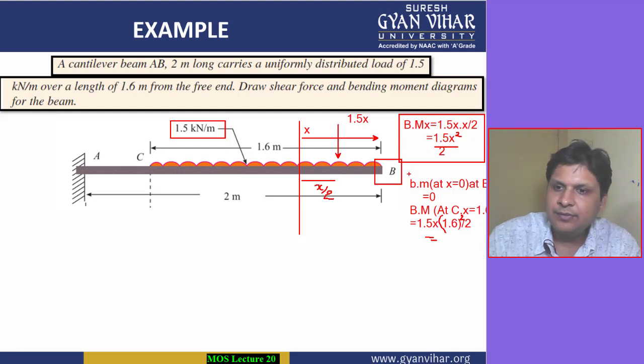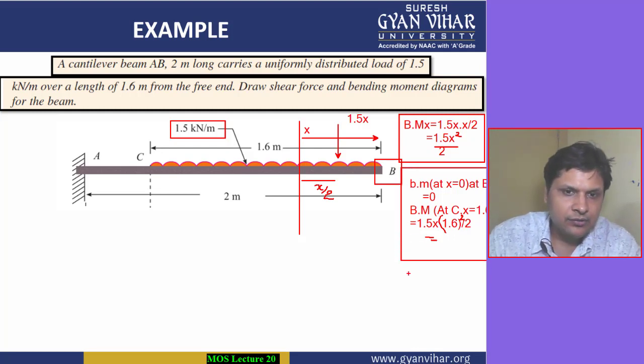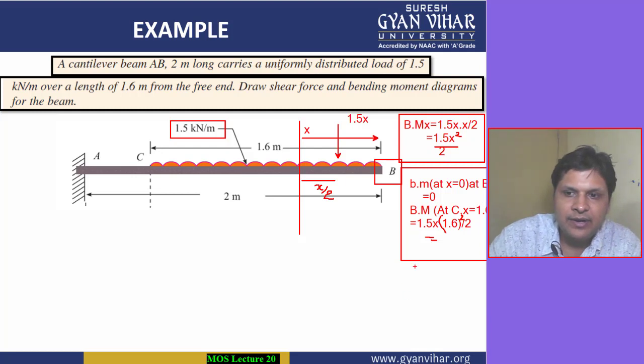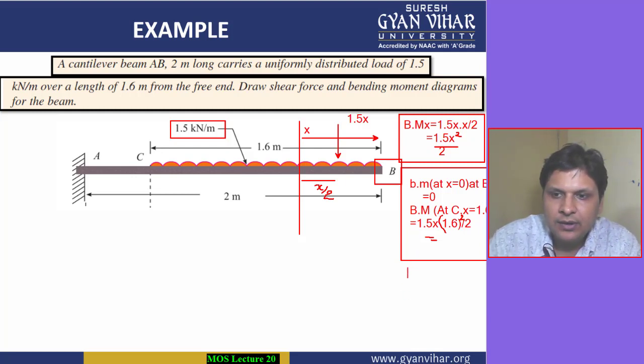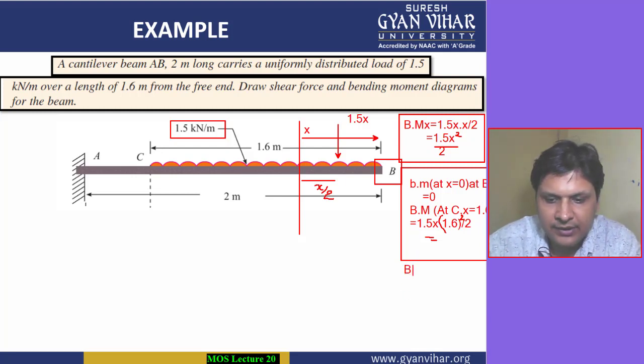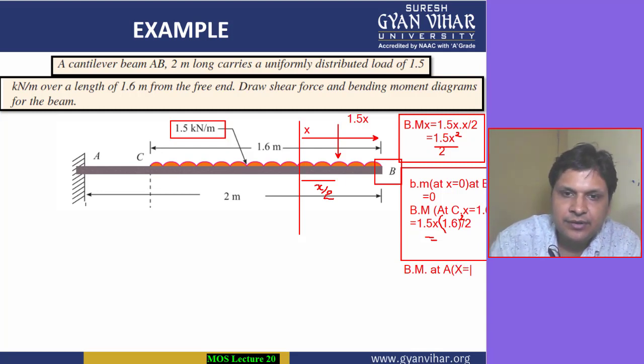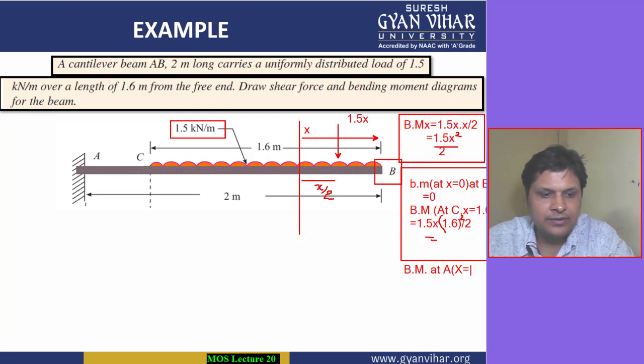Similarly, students, from A to C you don't have any load, but here the distance we are calculating the bending moment. So here one thing you will have to do: bending moment at A, how will you calculate? Here the value of x will be changed.